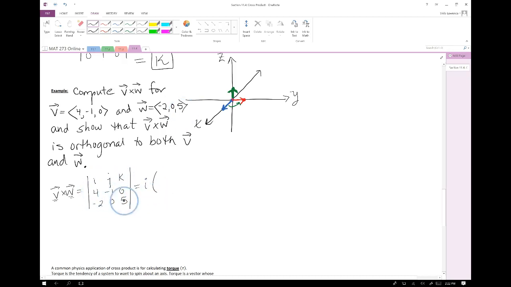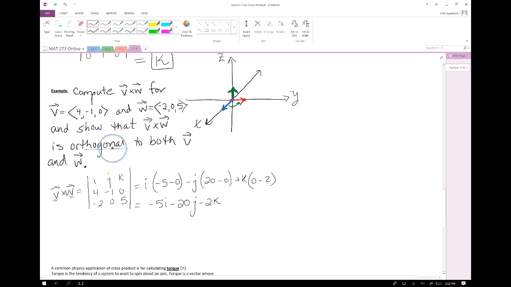So for I, I'm going to have -5 minus 0. For j, I'm going to have 20 minus 0. And then for k, I'm going to have 0 minus 2. So v cross w is -5i minus 20j minus 2k.